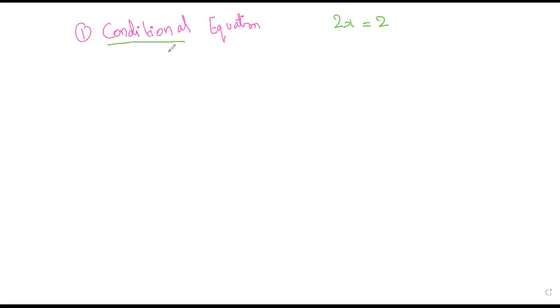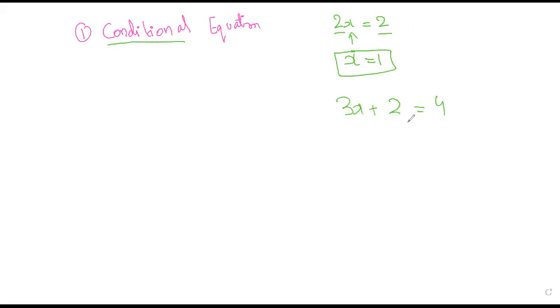It is self-explanatory. The condition is that the left side and the right side would be equal if and only if x is 1, right? For such equations, which we used to call simple equations, this time we are calling it a conditional equation. One variable and an equation, that is it. For example, 3x plus 2 equals 4.